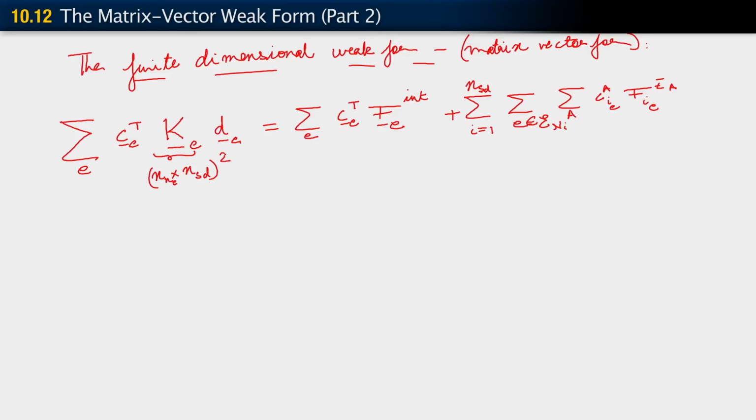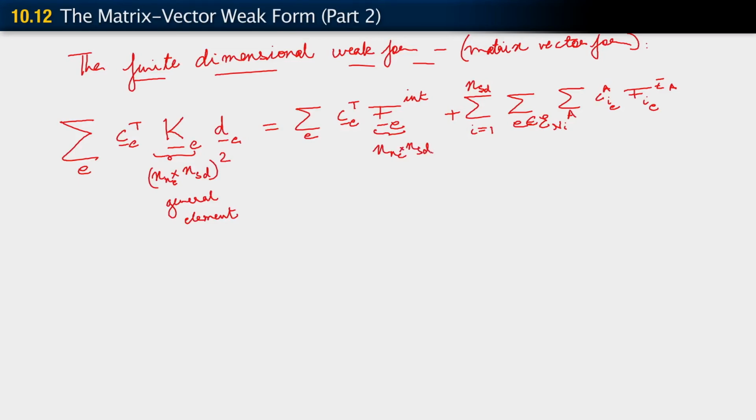We know that we still need to account for the Dirichlet boundary conditions, and we'll come back and do that later. Okay, so this is the general case, the number of nodes in the element times NSD.